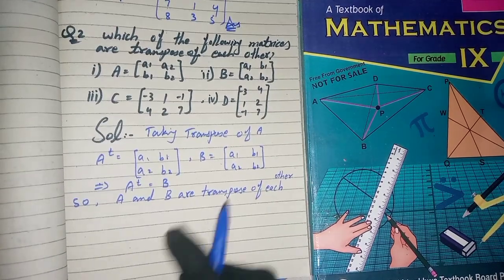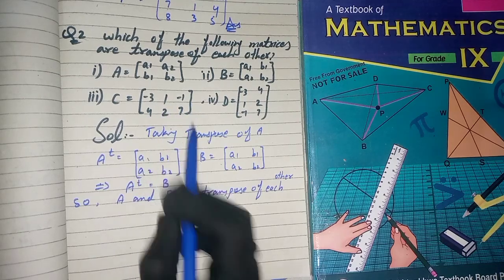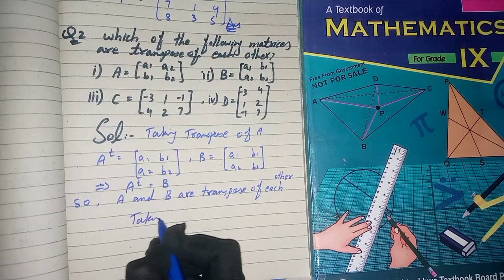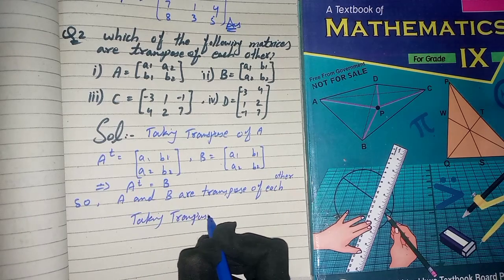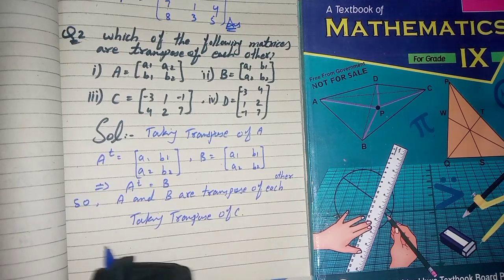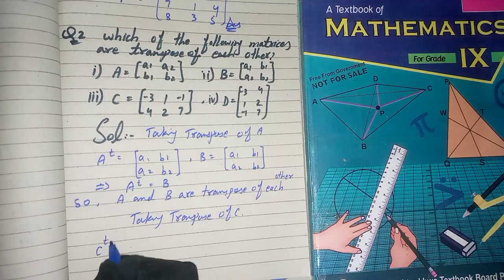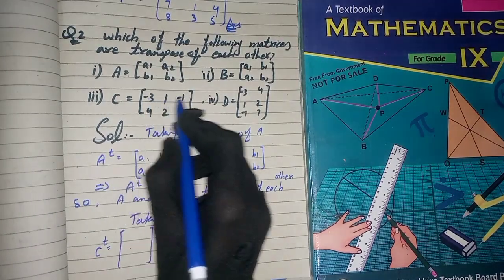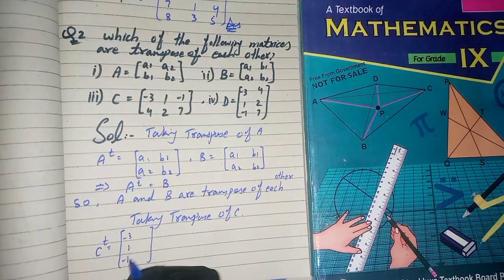Now, we can see that C equal to -3 1 -1 4 2 7. Now we take transpose of C. C transpose is equal to, we write rows in column, -3 1 -1 4 2 7.